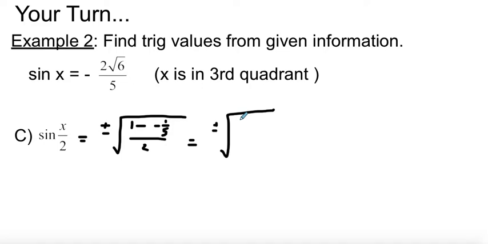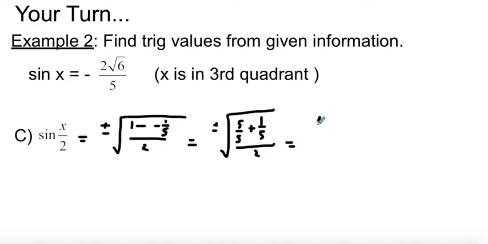So let's get a common denominator. We know it's going to be 5. So that 1 is going to turn into 5/5. You've got a minus, so it's going to become a plus. And then we're still dividing by 2.